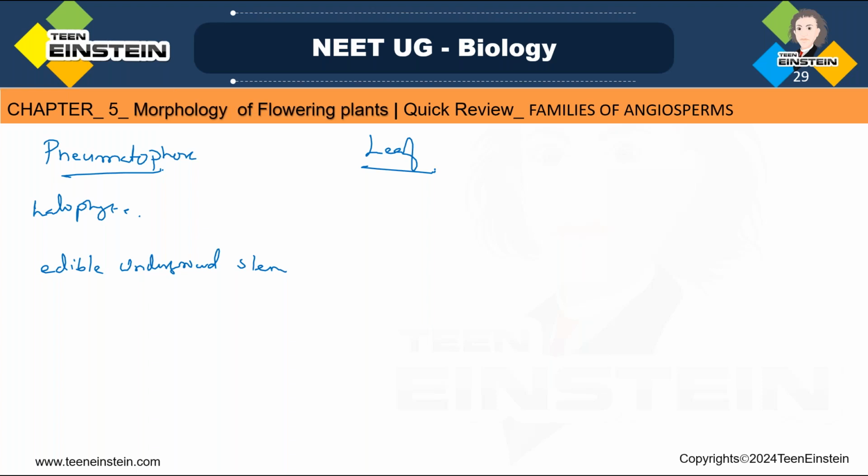So gamopetalous, gamosepalous: gamo means if that term is coming, it shows the fused form. Polysepalous, polypetalous, those show the separated ones. So you should be good technically in this. Then only you can learn about the families and how to write the floral formula.